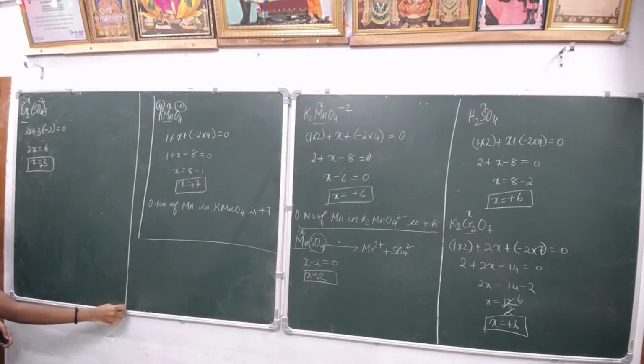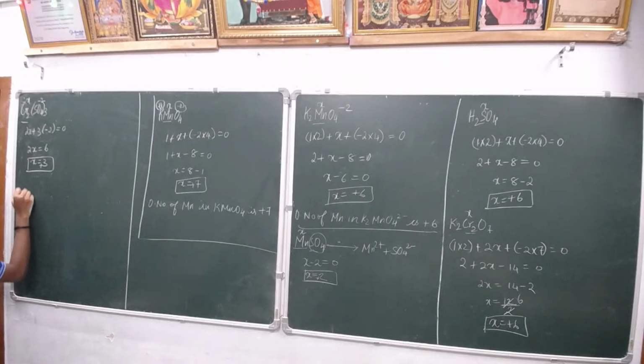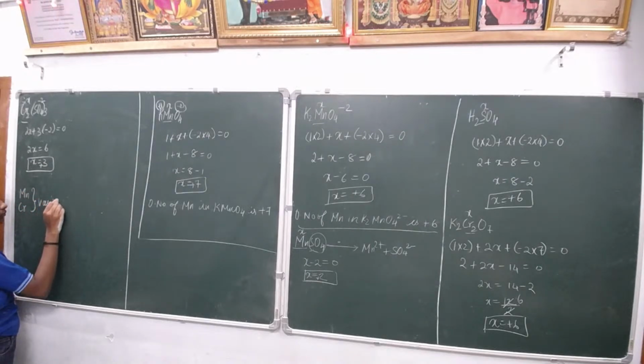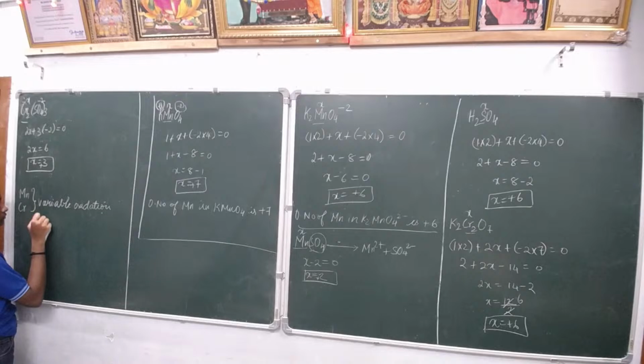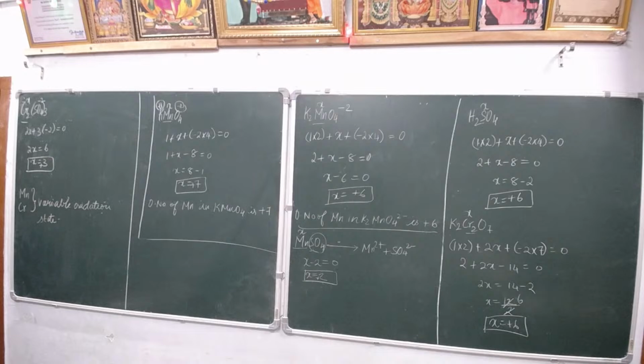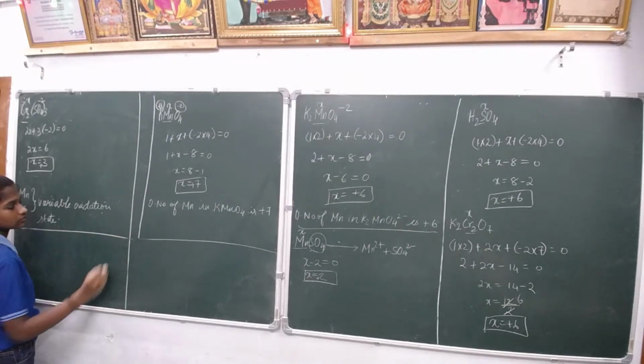So from this it is obvious that elements like manganese, chromium, they can have variable oxidation states. Are you able to follow? Okay. For example, I have manganese, MnCl2.